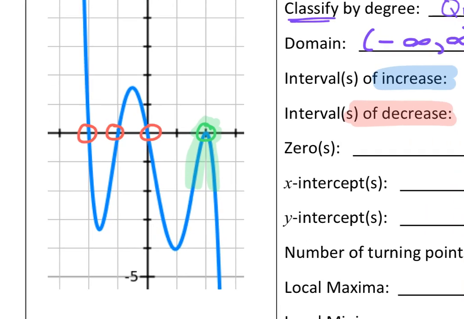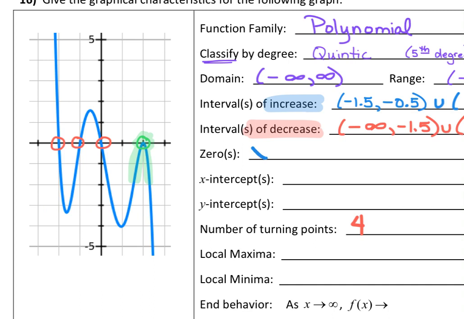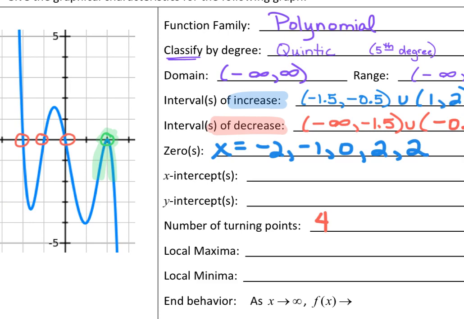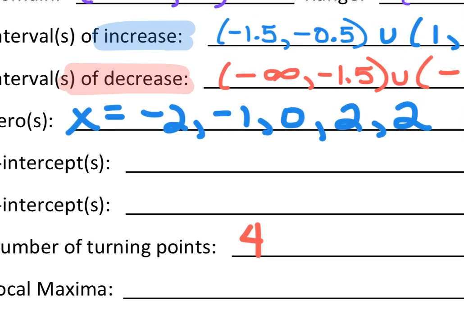And so if you really want to show off, tell me that the zeros are at x equals negative 2, negative 1, 0, and then give me the bounce that's the double root as 2 and 2. And take all those numbers, the negative 2, the negative 1, 0, and 2, and write those as ordered pairs. Those are your x-intercepts.